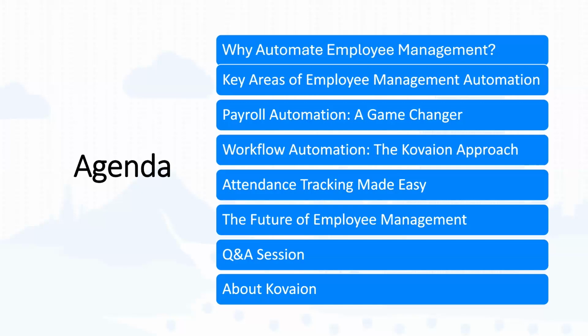You will see how automating attendance processes can simplify clock-ins, ensure accuracy, and integrate seamlessly with payroll for smoother operations. By the end of this session, you will have a clear understanding of how automation can simplify complex processes, save resources, and improve employee experiences. Let's get started with our first topic: why automate employee management.